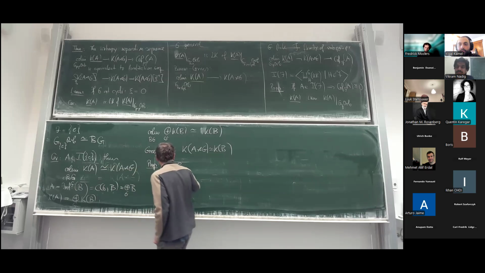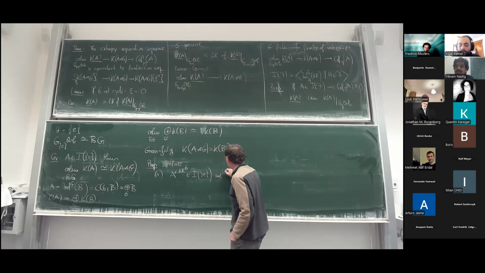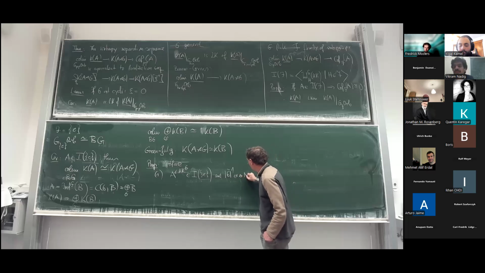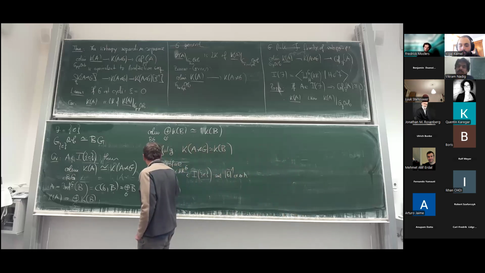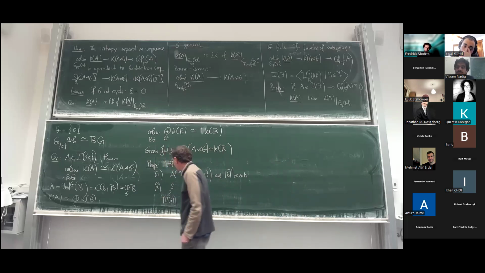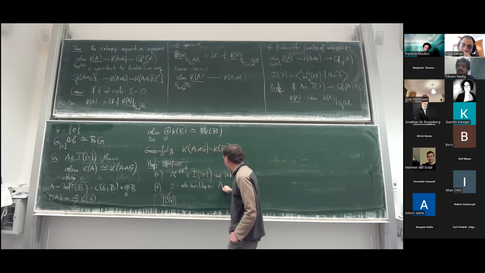First, A is an element in KK^G and A belongs to this class I of E, and in addition, the order of G acts invertibly on A, so multiplication with the order of G is invertible. Second, rho, the class of L2 of G, the left regular representation, acts invertibly on A. So these two conditions are equivalent.